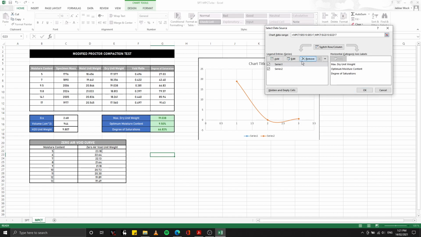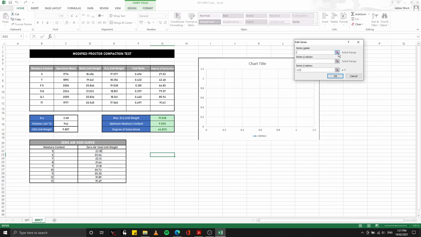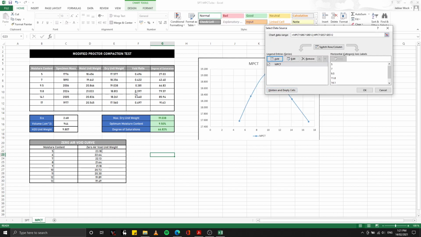Now, this one, remove natin yan. Add tayo. This would be the MPCT. Now, for X values, again, ang X values natin is ang ating moisture content. Okay? Ang ating Y values ay ang ating dry unit weight. Okay? There we go. So, ito pa lang ating na-graph. Itong part pa lang na to.